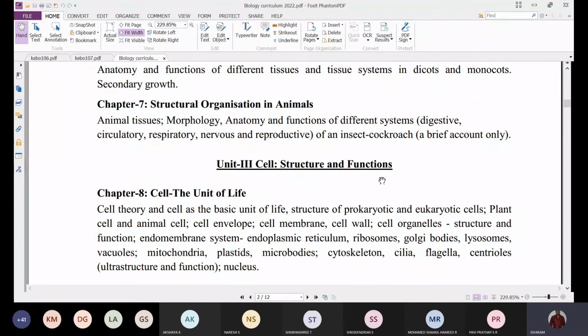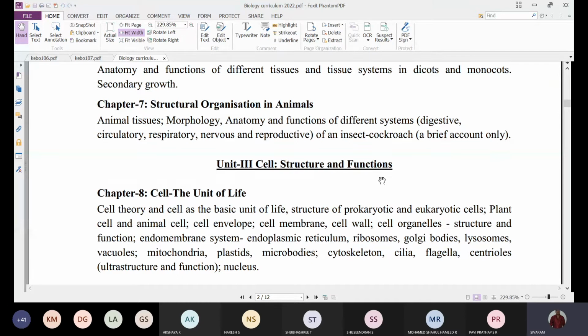But earthworm and frog were deleted from the portion, and they were also deleted from the NEET syllabus.